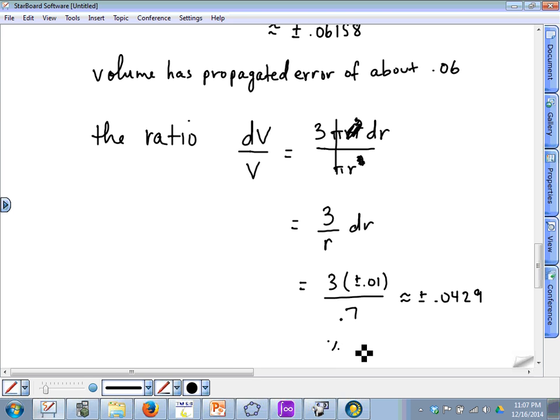This is called the percentage of the error. So up here, the propagated error was about 0.06. That means the volume varied by about 0.06 from the actual volume. The percentage, this right here would be the percentage of the error. So it's about 4.29%.